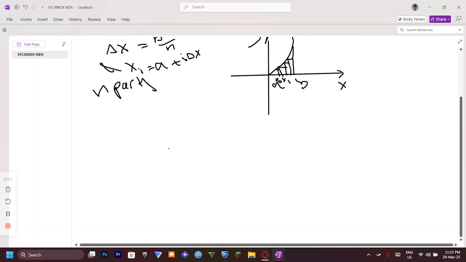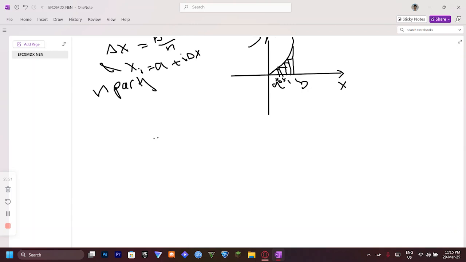If I have a body that's moving at some changing speed, not a constant, I want to know how much distance it travels in a certain amount of time.